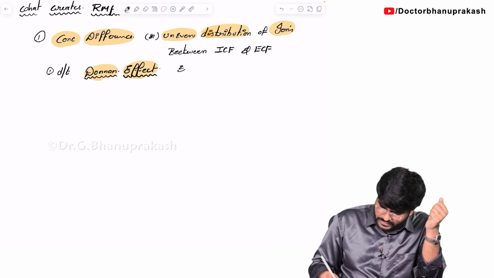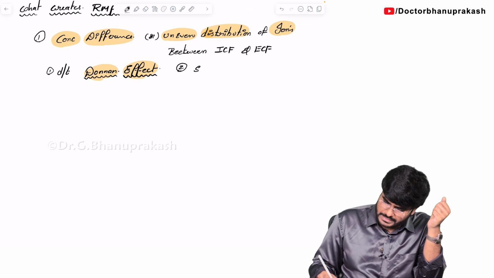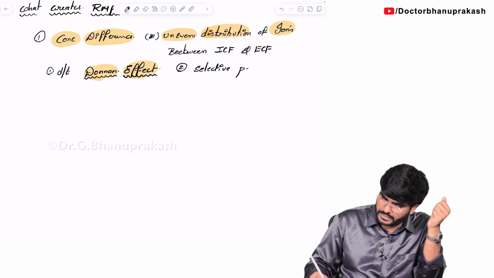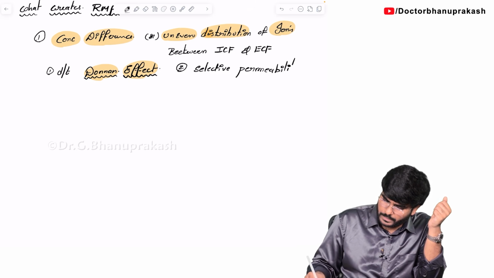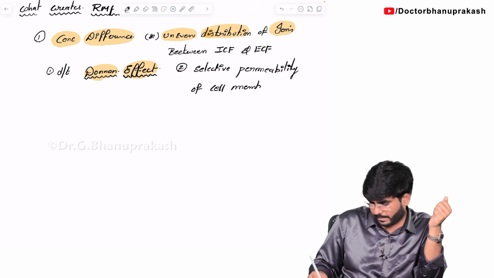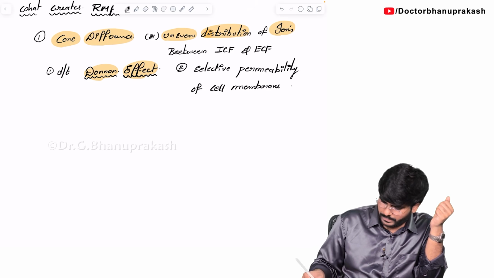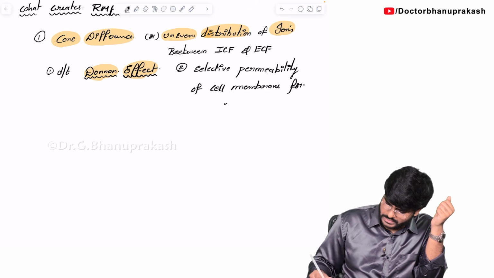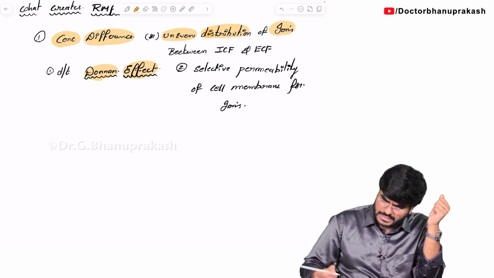And one more reason for this uneven distribution of the ions is selective permeability of the cell membrane for ions. What do I mean by selective permeability?